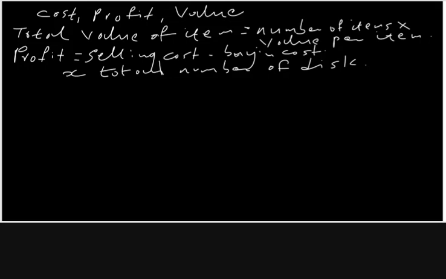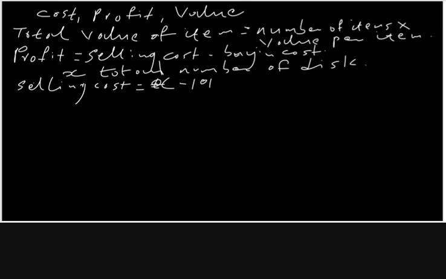Now the selling cost is equal to the total number of items sold. What is the total number of items sold? It should be X minus 19, because he sold all but 19, at how much?